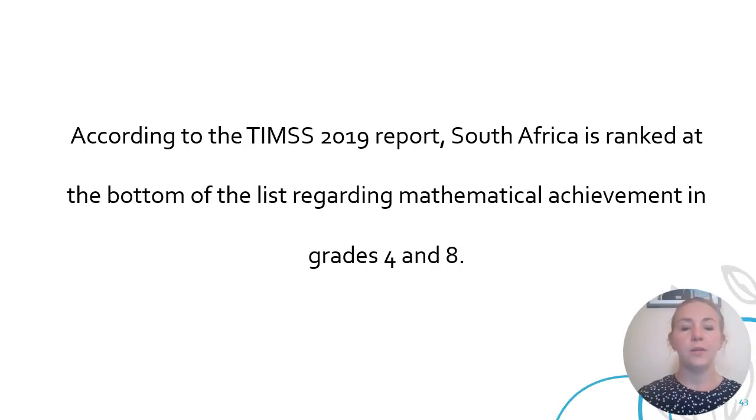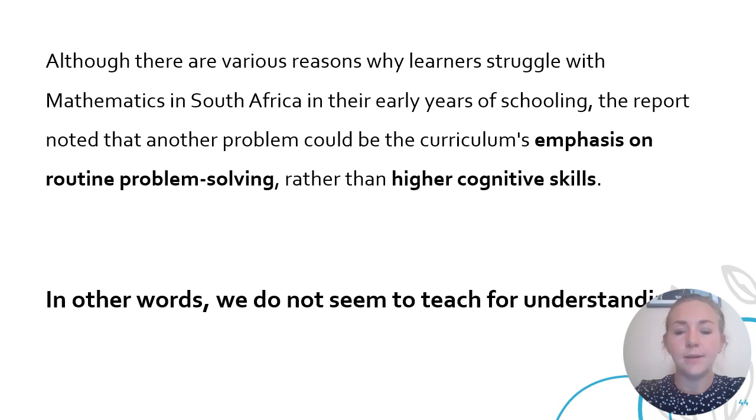So I hope you had a chance to read the TIMSS report. According to TIMSS, that is the Trends in International Mathematics and Science Study of 2019, they reported that South Africa is ranked at the bottom of the list with our mathematical achievement in grades 4 and grade 8. So yes, we are really facing various challenges in mathematics education in South Africa.